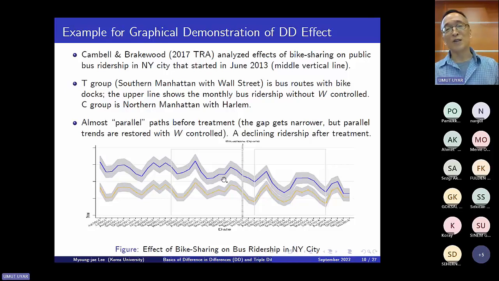In fact, the reason that this parallel trend is a little violated near the end is because this figure does not control for covariates. If you control for covariates, then you get parallel trends that hold almost.